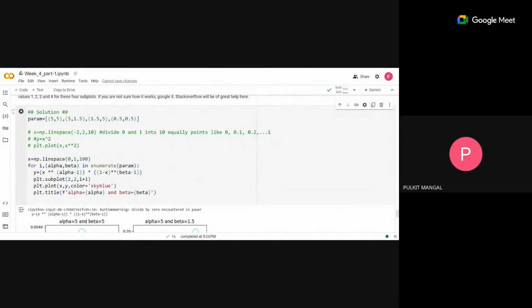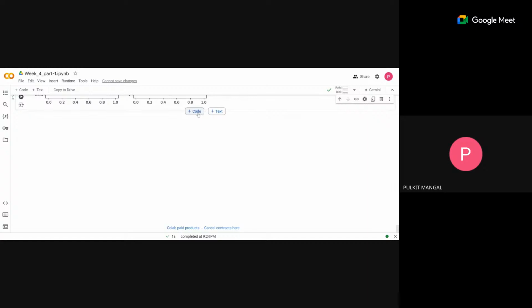Does anyone have any doubt in the code about what any line will do? Yes, Cameron. Sir, that enumerate part. Okay, so maybe let's use something different: L equal to 2, 3, 4.